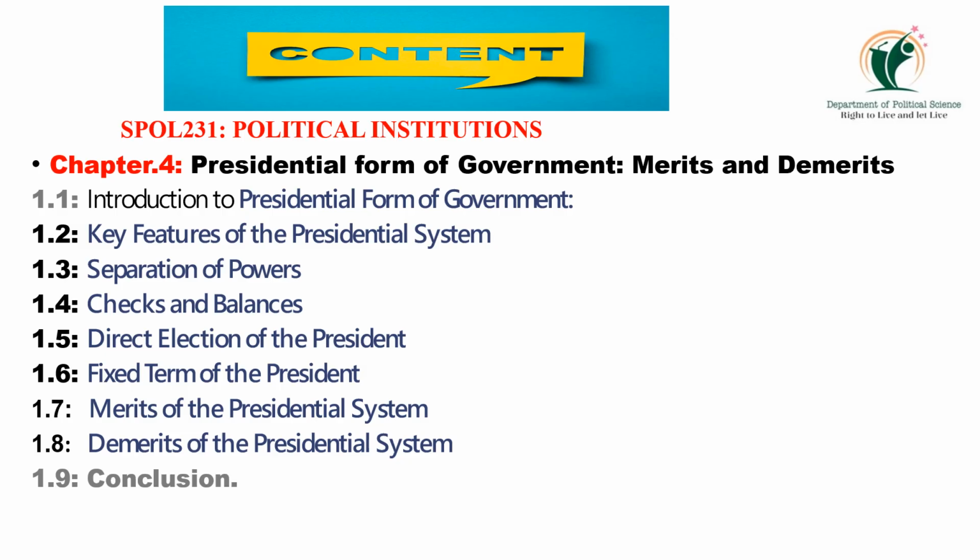The content of the chapter are introduction to the presidential form of government, key features of the presidential system, separation of powers, checks and balances, direct election of the president, fixed term of the president, merits of the presidential system, demerits of the presidential system, and finally conclusion. Now let's go into the lesson and look at the presidential form of government, merits and demerits.